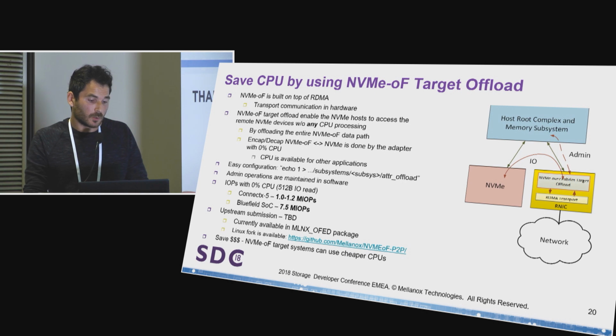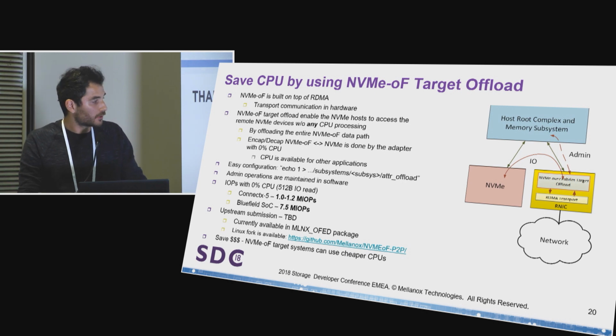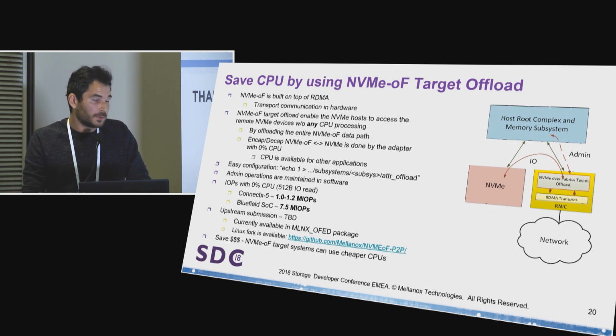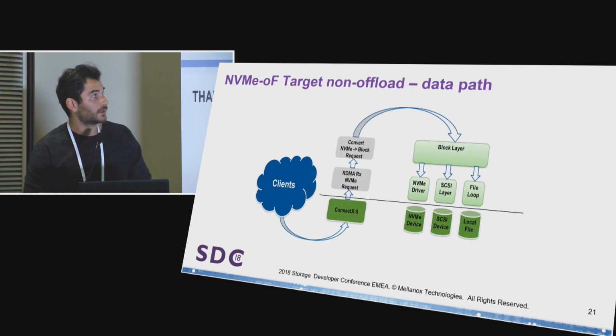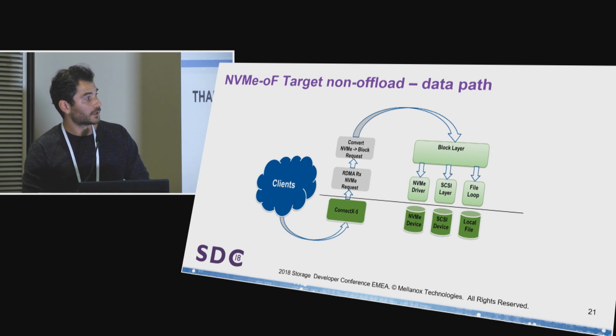Why is it important? It's important because we want to build cheaper storage systems, and this can save us money by buying cheaper CPUs. Here I demonstrate the data path that is used with a non-offload target.